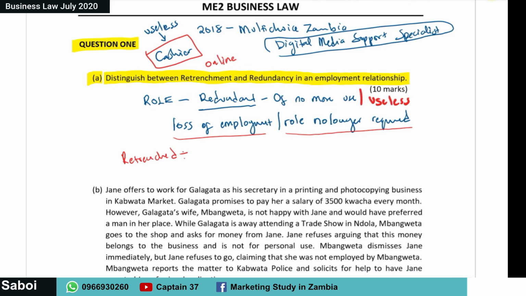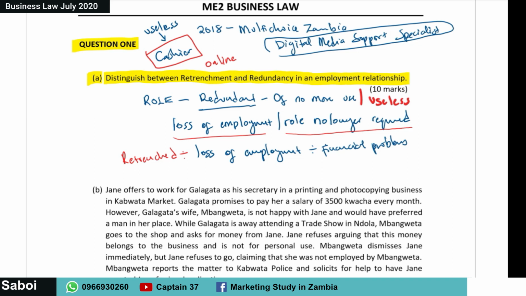So retrenchment also is a loss of employment, mostly because of financial problems that an organization can face. A company can face financial problems despite the fact that it is still going on with its operations.